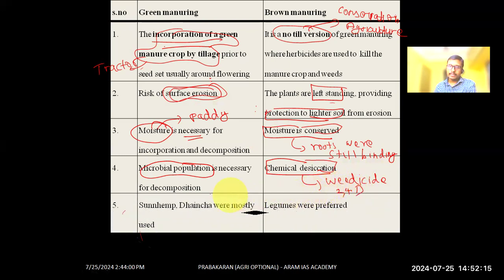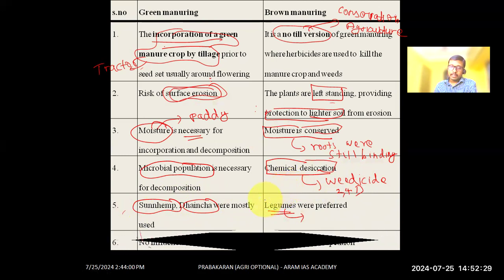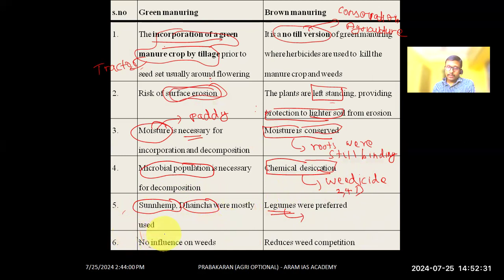The fifth point: in green manuring the most commonly used crops were sunhemp and dhaincha, whereas in brown manuring, any legume can be used, and sometimes even a non-leguminous crop was used. The last point: in green manuring there was no influence on weeds, whereas brown manuring reduces the competition of weeds.